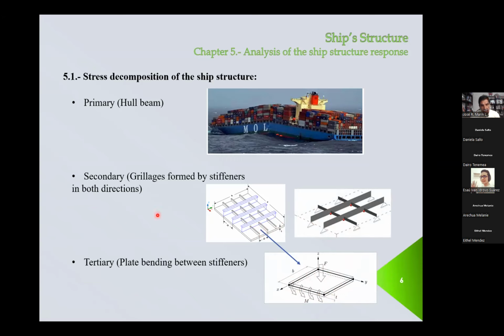So we're going to have these three behaviors combining. And the problem is that we have to be careful because in some directions, X and Y, there could be some combination of stresses.